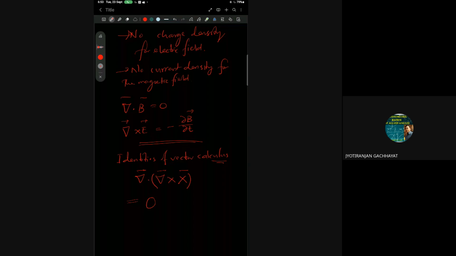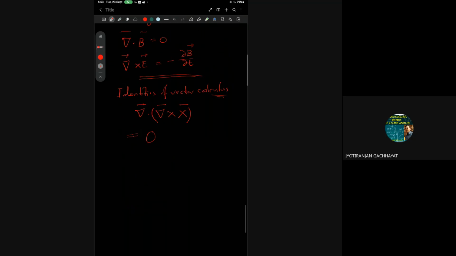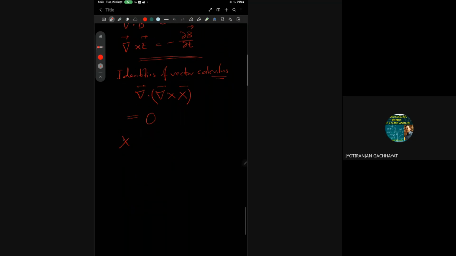If I just take 2 minutes to solve that, suppose your X vector is equal to x1 i cap plus x2 j cap plus x3 k cap. Then your del cross X is what?